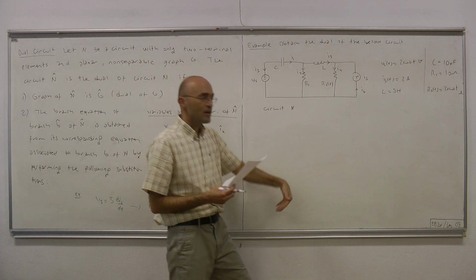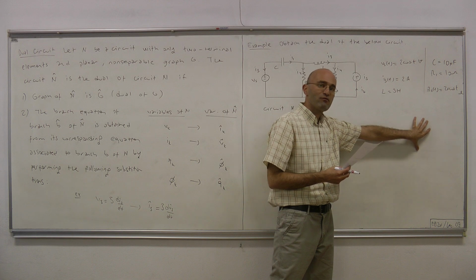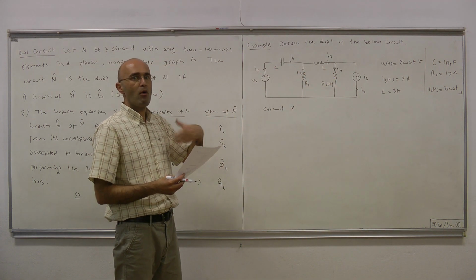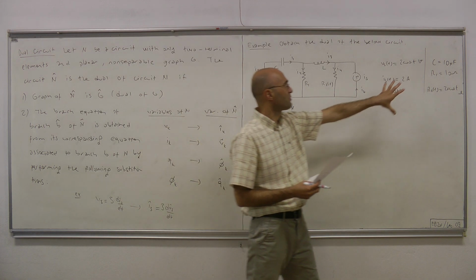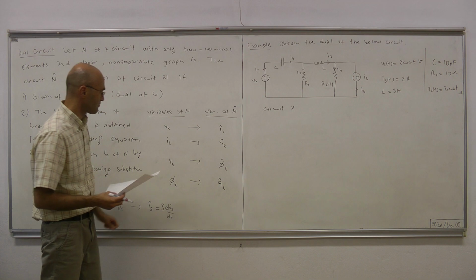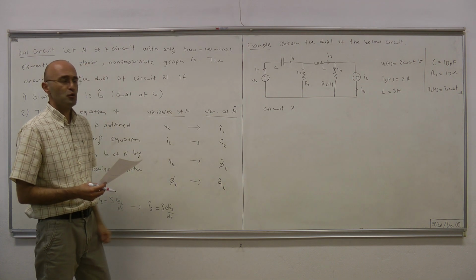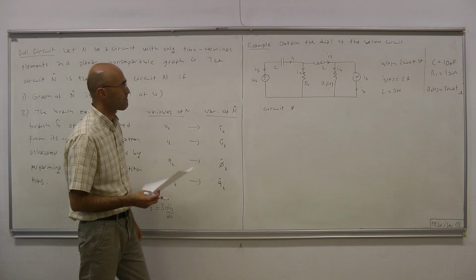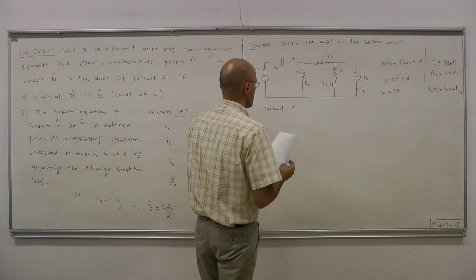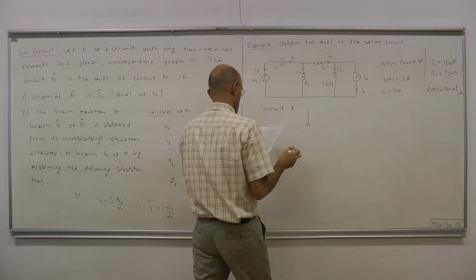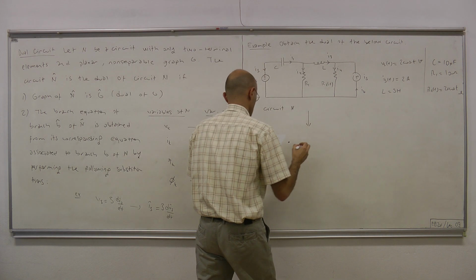From that graph we will obtain the dual graph, and then from that dual graph we will construct the dual circuit by both looking at the graph and converting these terminal relations to the dual relations following this rule here. So this can be represented by the following graph.